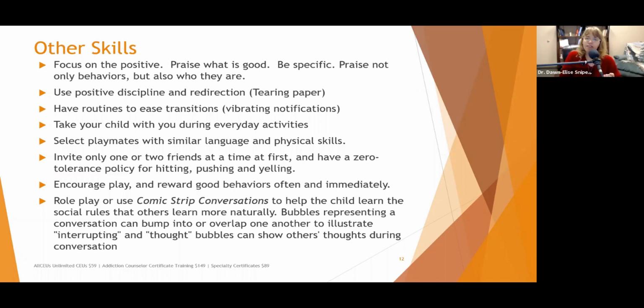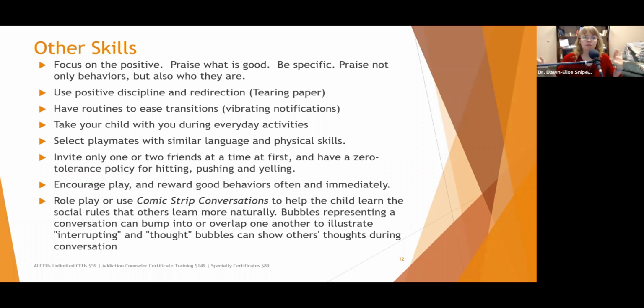Encourage the caregivers to take the person with them during everyday activities. And you may have to scaffold. At first, instead of going to the grocery store at 3 p.m. on a Friday when it is crazy busy, go to the grocery store at 7 a.m. on a Tuesday or Saturday when it is not busy at all. So you're walking through the aisles.